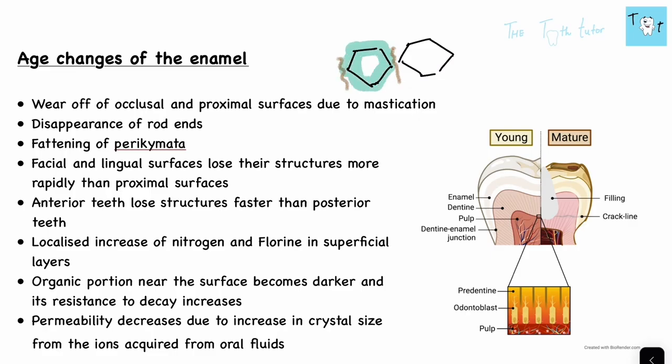They are gaining more inorganic content, accumulating over them from the saliva. As they increase in size, now there is no pore. This pore has gone away. That was providing the permeability, so because of this, the permeability will decrease. It thickens due to the ions acquired from the saliva and the oral fluids.